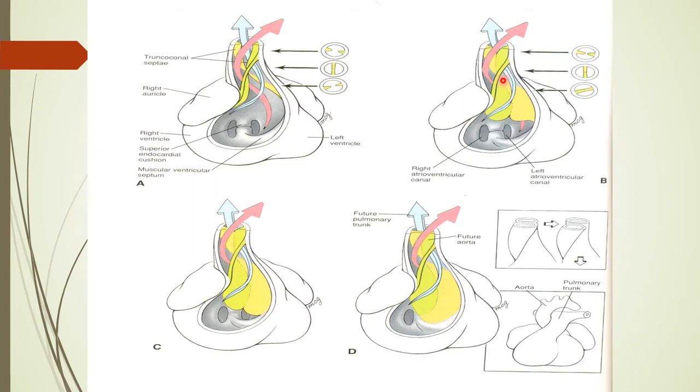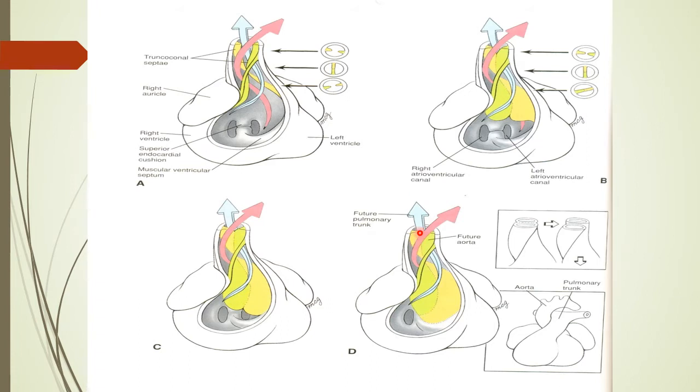As you can see, there is a spiral here, and finally they meet each other and divide the truncus arteriosus into the aorta and pulmonary trunk. You can see this yellow color is for the truncal or aorticopulmonary septum, and it is making a spiral, and these arrows show the spiral arrangement of these vessels around each other.